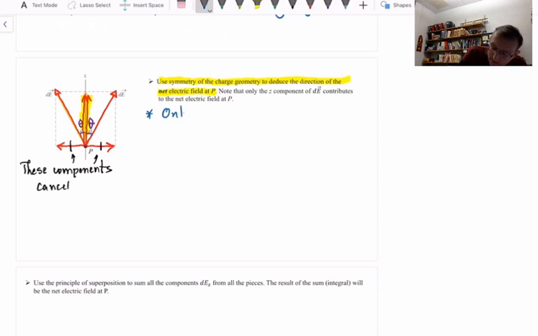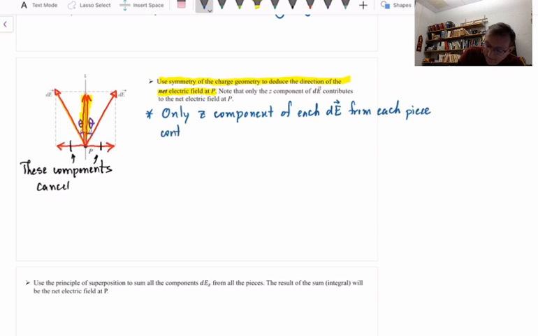Only the z component of each dE from each piece contributes to the net electric field at P.